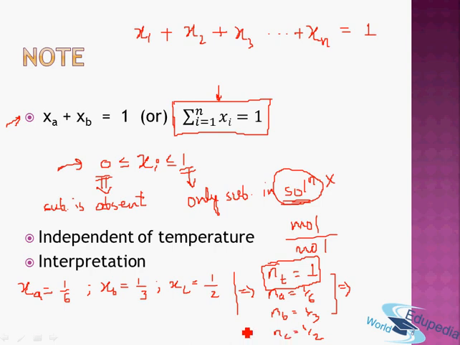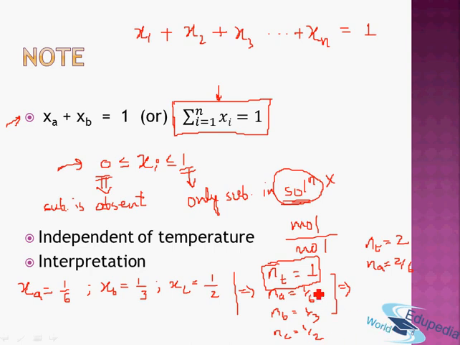For example, just like we studied in molarity, if instead of 1 mole, the total moles of my solution is 2, let's say NT is equal to 2, then moles of A, B and C will also double. So Na will become 2 by 6, Nb will become 2 by 3, and Nc will become 2 by 2, that is 1.